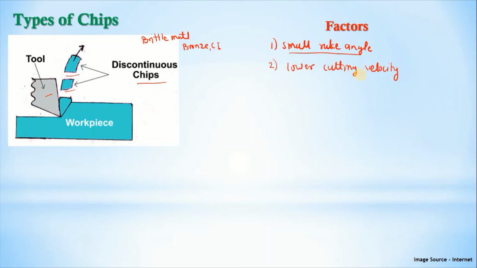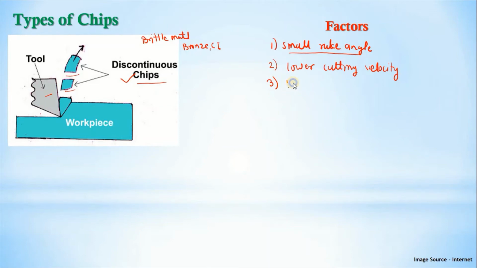Hence the time available for curling of the chip is more. So the chips will get curled into a small radius and this gives a large amount of welding, so that cracks already present in the chip will propagate very easily and it converts into a discontinuous chip. That is our second factor for producing discontinuous chip.